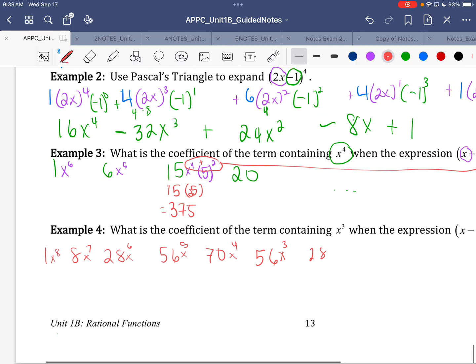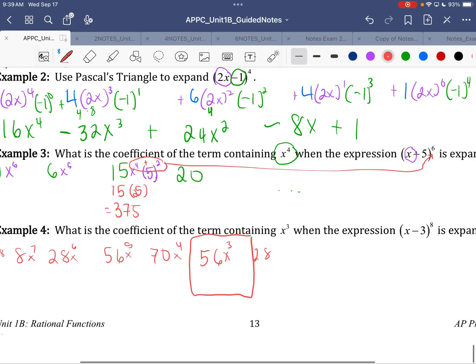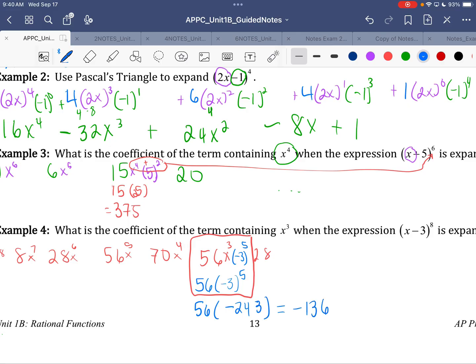And this is the spot I really care about. And the 56 is multiplying -3 to what power? Yes. So you should at least be able to say that 56 times -3 to the 5th would have been the coefficient if you didn't have a calculator. But fun fact, -3 to the 5th is -243. And that simplifies to be -13,608.